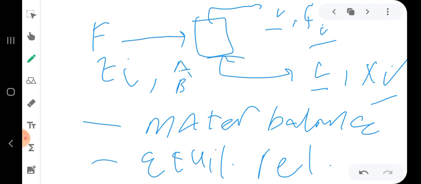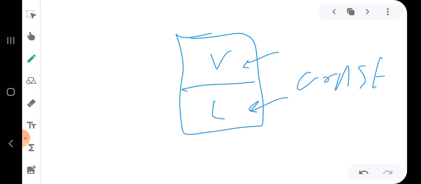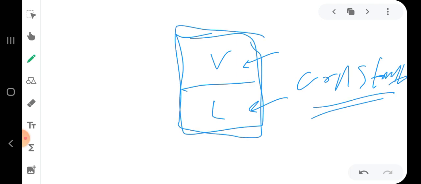Since we are going to apply the equilibrium relation, this means that there is an internal assumption that this stage reached equilibrium. And what do we mean by the equilibrium state? The equilibrium state is where we have the vapor and the liquid, and the composition in the vapor and the composition in the liquid remain constant and are not changing in this stage.